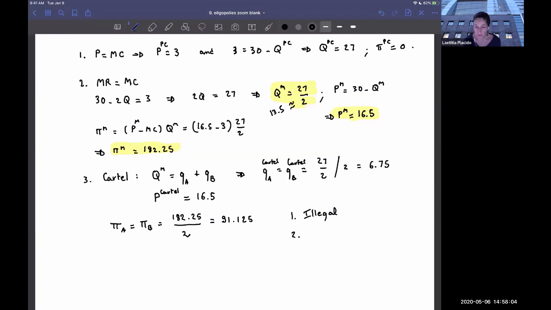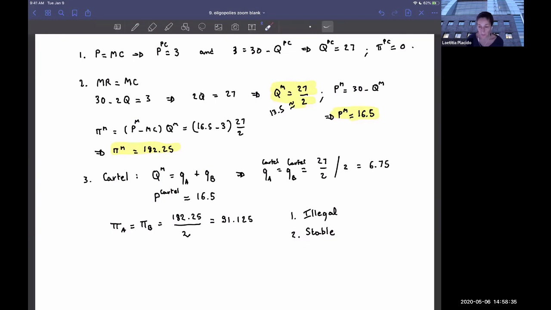The second reason why we don't observe cartels in the real world is that they are not stable. The cartel equilibrium is not stable. In other words, although this is a situation in which both firms can get the highest possible profit, this situation will never occur. Why?